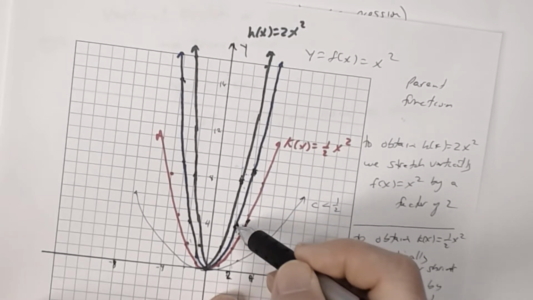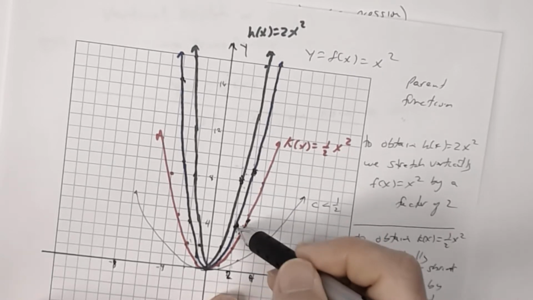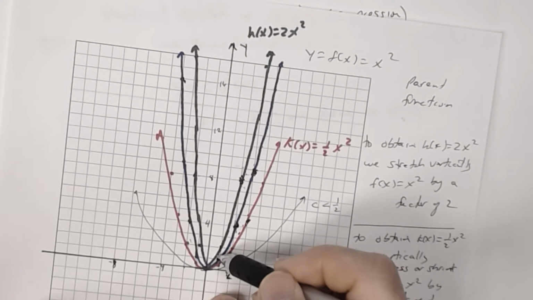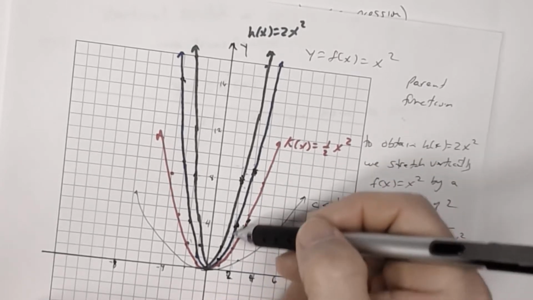This y value was 4, and when I doubled it, it became 8. So the x value stayed the same, but the y value doubled. On the blue graph, this point had a y value of 1, and when I doubled it, it became 2.